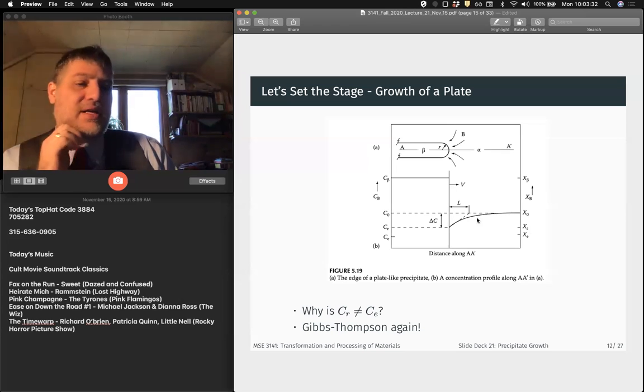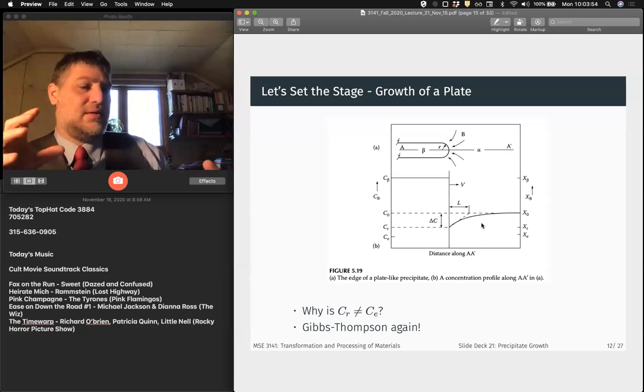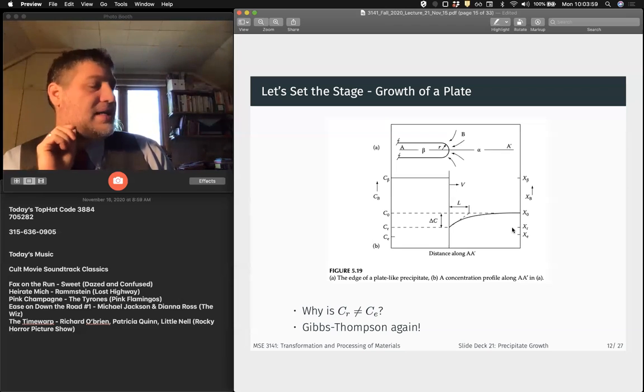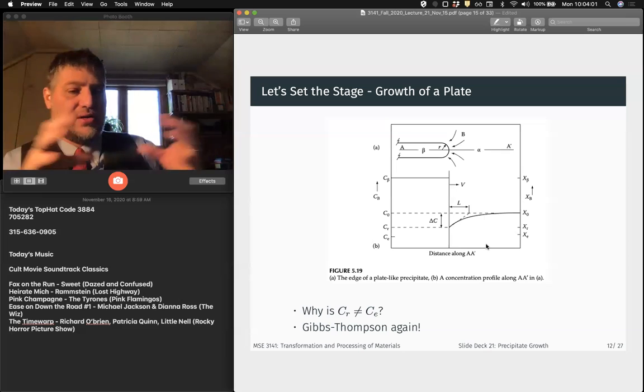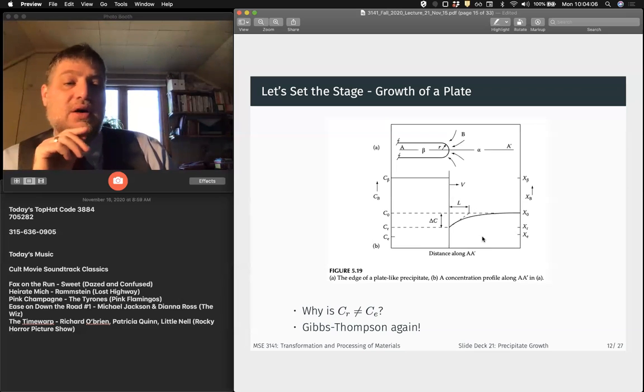Essentially, if we've got a whole bunch of nuclei close to each other, the composition profiles are going to run into each other faster, and we're going to deplete alpha of B when the precipitates are much smaller.